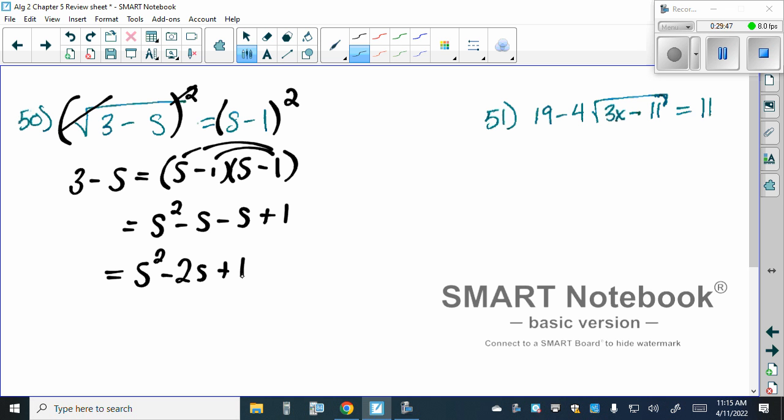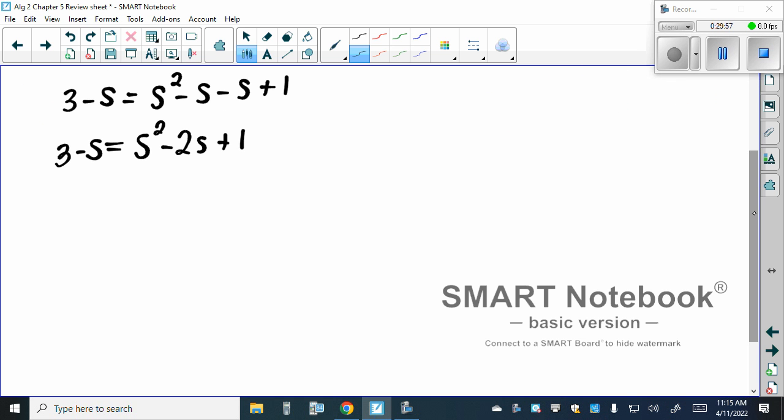But if you need to still write it out, that's fine too. There's nothing wrong with writing it out. Any questions on how we got to this point here? I might be nice and just say that s minus 1 squared is s squared minus 2s plus 1. I might write it in the problem.